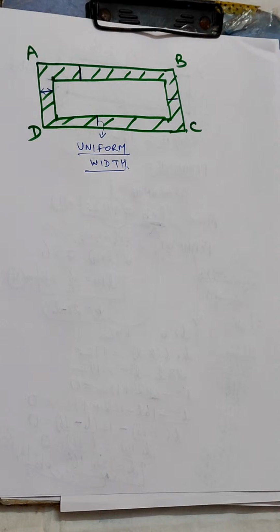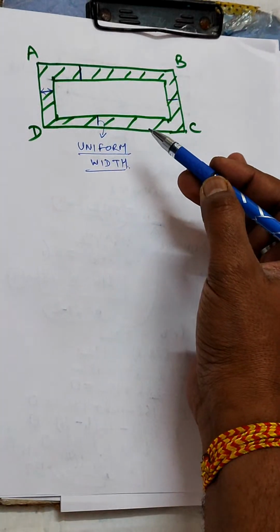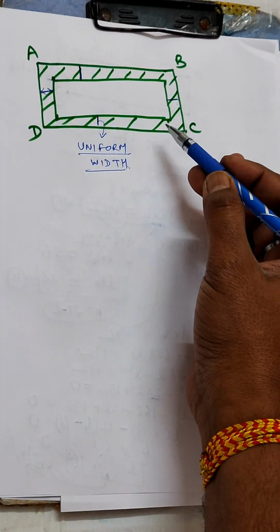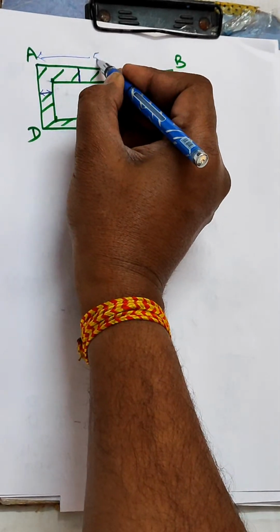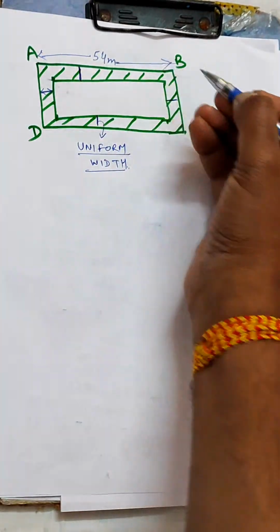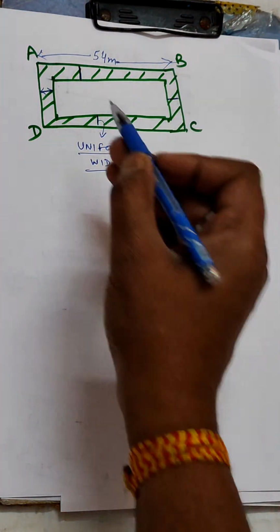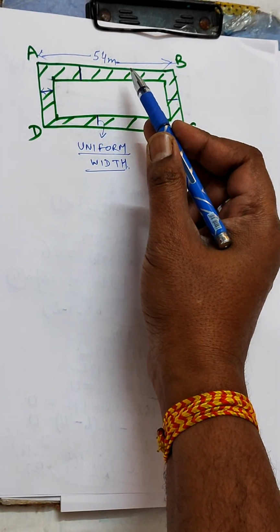right? Now, a footpath of uniform width runs all around the inside of a rectangular field 54 meter long. So the length of this is given as 54 meter. So the length of the rectangular plot is given as 54 meter, right?